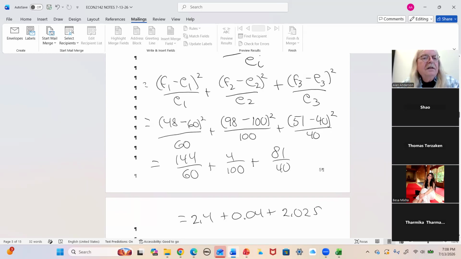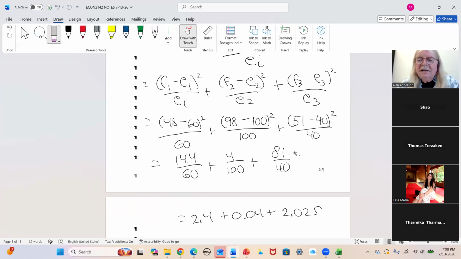Sorry, I just noticed it. This is not 9, it's 11. 11 squared is 121.